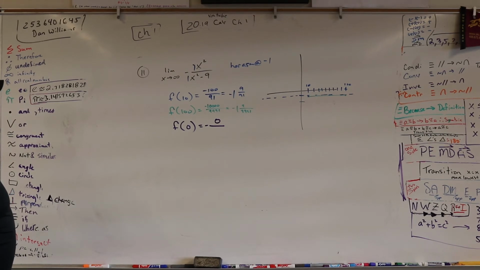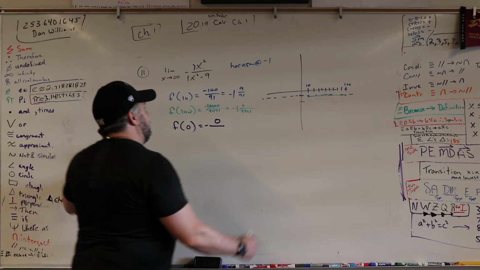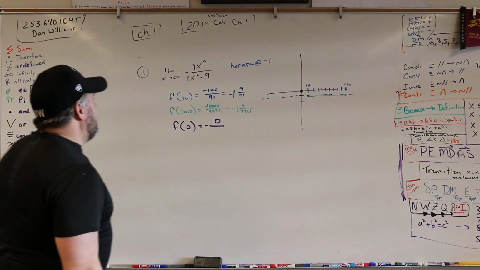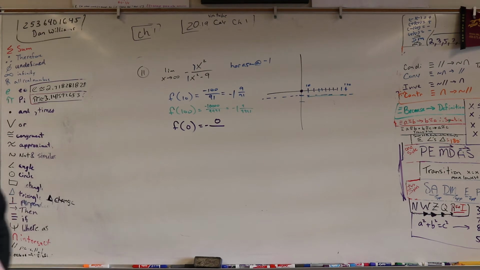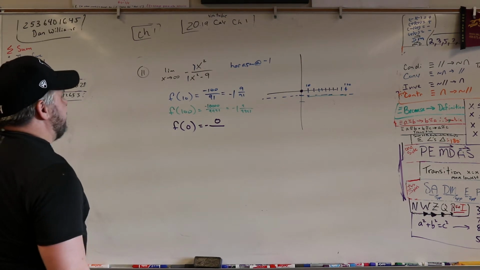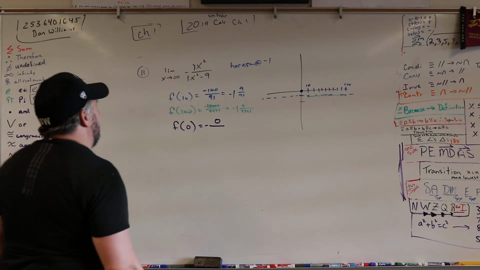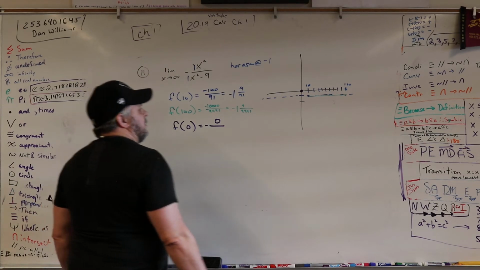What just happened? Because if I plug in a 0, it's going to go to 0. It can't pass the asymptote, right? Or it can. Well, there's another asymptote at 3 and at -3.